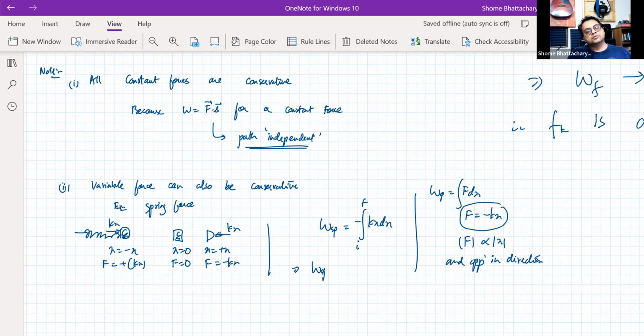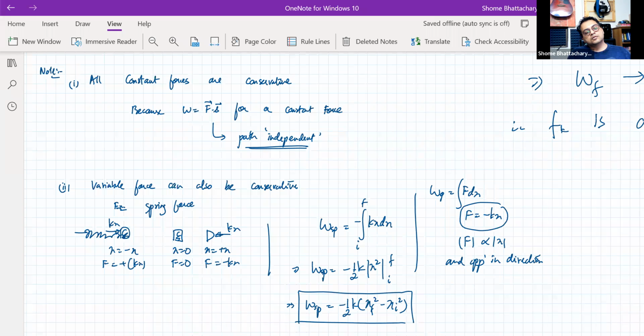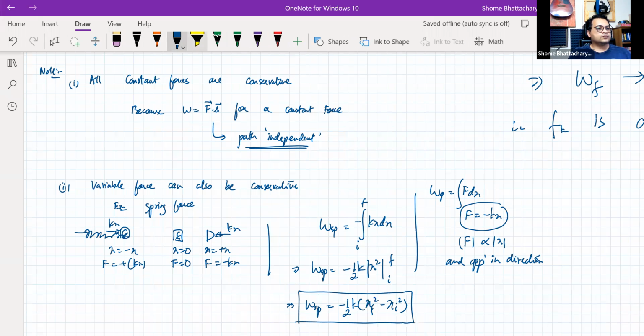So work done by the spring force is minus half k, then the initial state of the spring, final state.